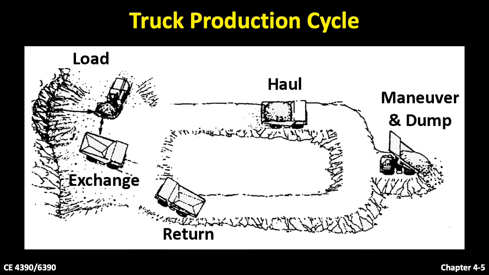So this figure illustrates the production cycle of trucks. As I said, it includes loading, hauling, maneuver and dumping, return, and exchange to the loading area. The total cycle time will be the sum of all these 5 time components. Okay, so how to estimate these cycle times?